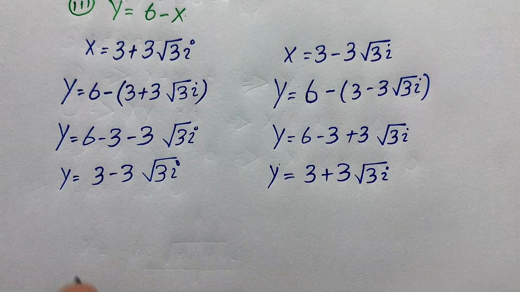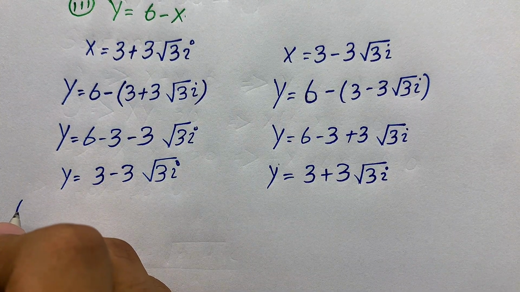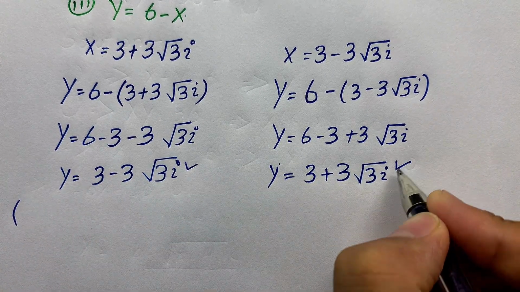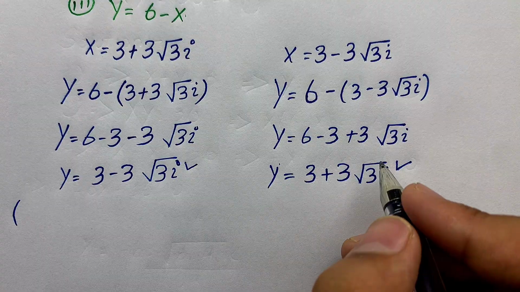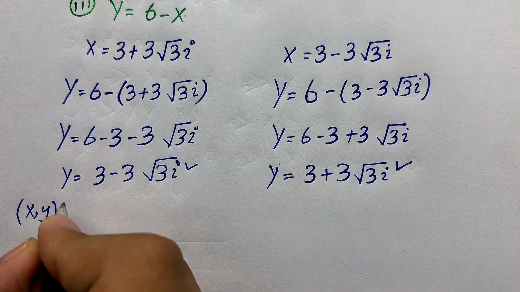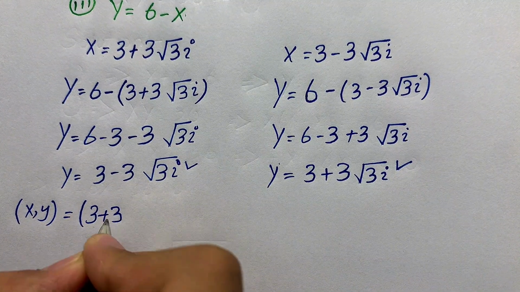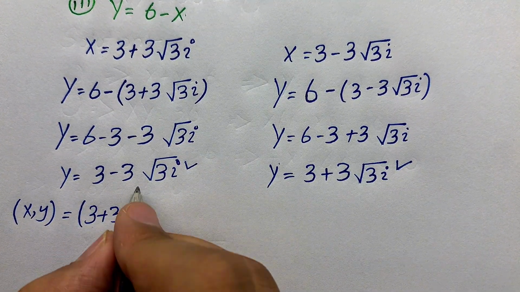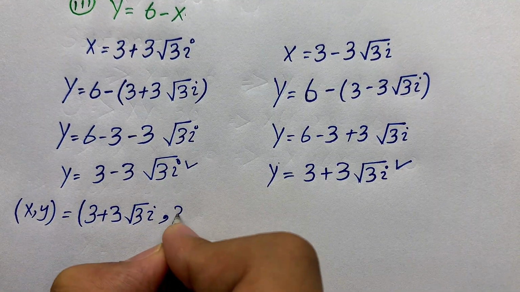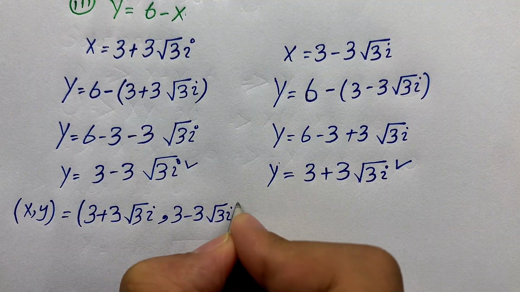Now our values of x and y are here. Now we write our values combined. x and y is equal to 3 plus 3 into square root of 3 iota, and 3 minus 3 into square root of 3 iota.